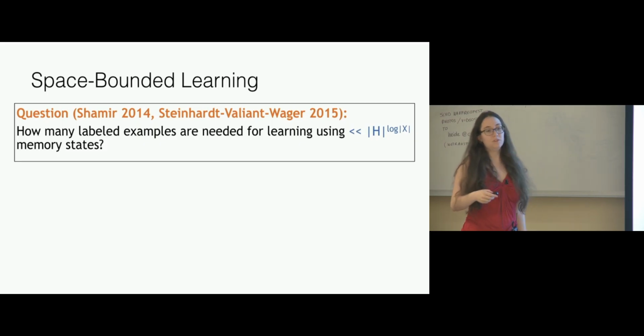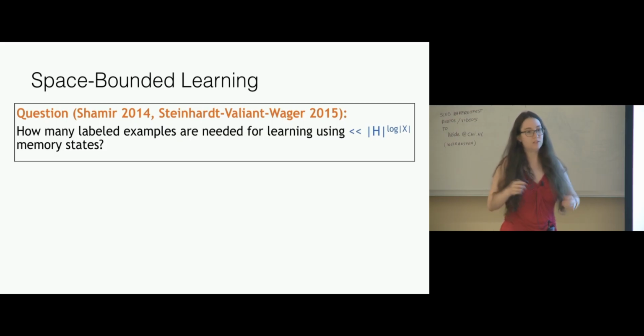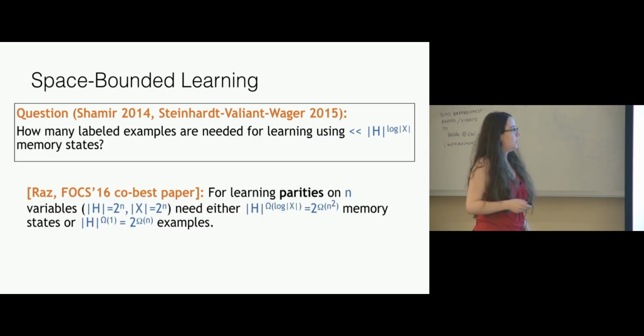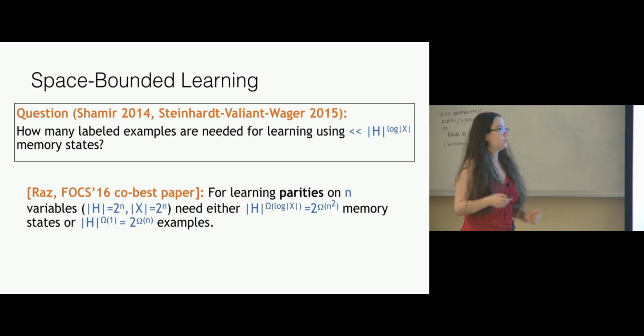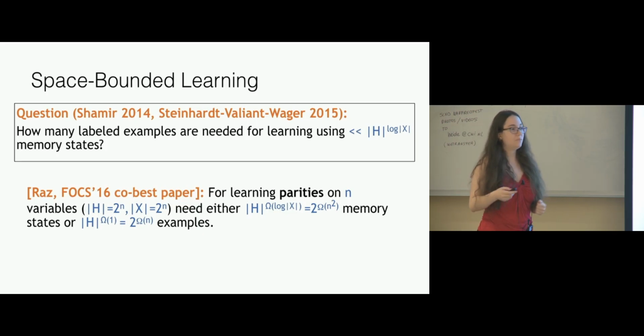The group from Stanford asked it for one specific class, the class of parities. And Ran Raz answered this question and gave a very strong lower bound for the class of parities.